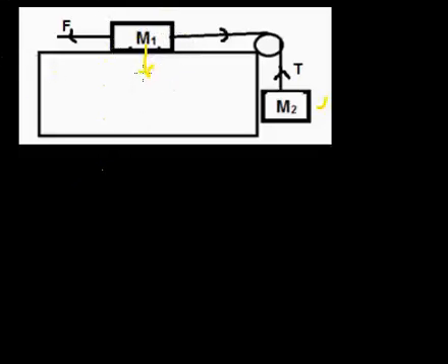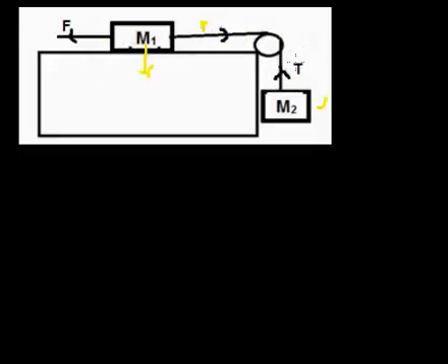Please take note of that. But we are considering static friction, so we are made to understand that mass m1 is not moving. Why? Because the frictional force on it by the surface is too big to let it move, so it stays in equilibrium. In that case, we can simply say that the frictional force on this body is equal to the force that is pulling it. And the force that is pulling it is the tension in this string.